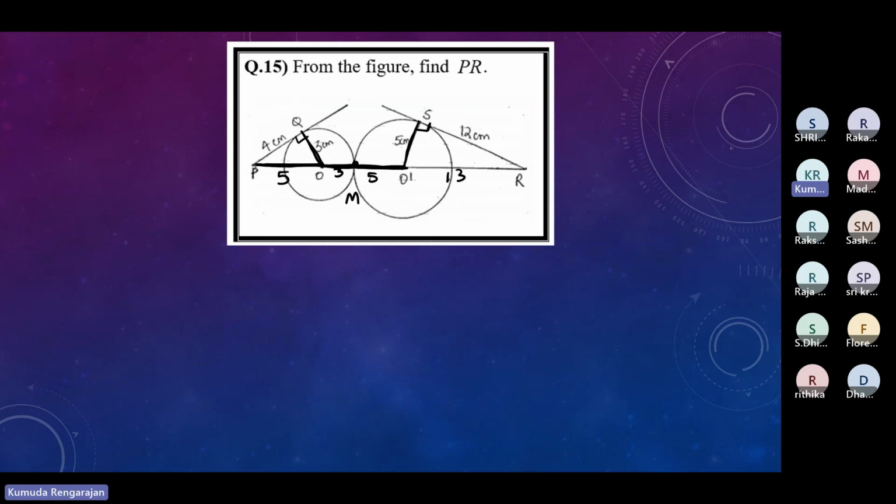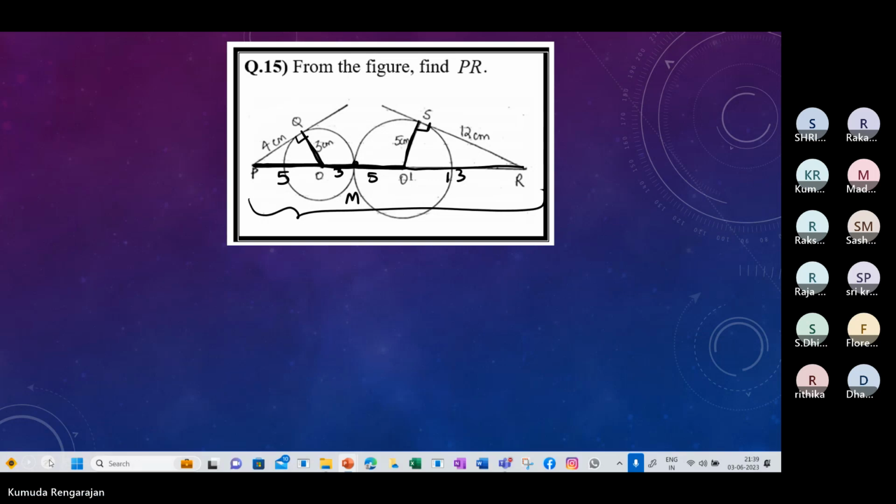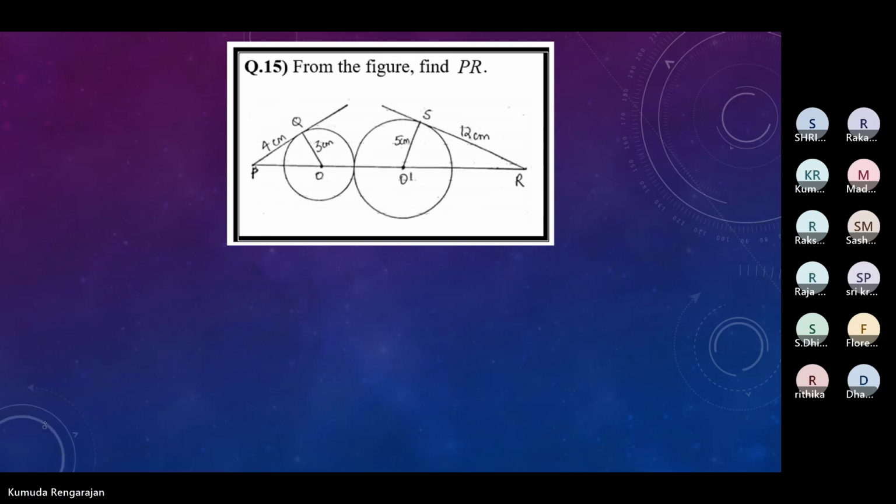So OP is 5 centimeters. OM is 3 centimeters. O dash M is 5 centimeters. And O dash R is 13 centimeters. Add all this to find PR. This is 90 degrees, so we find PO using Pythagoras theorem, 5 centimeters.